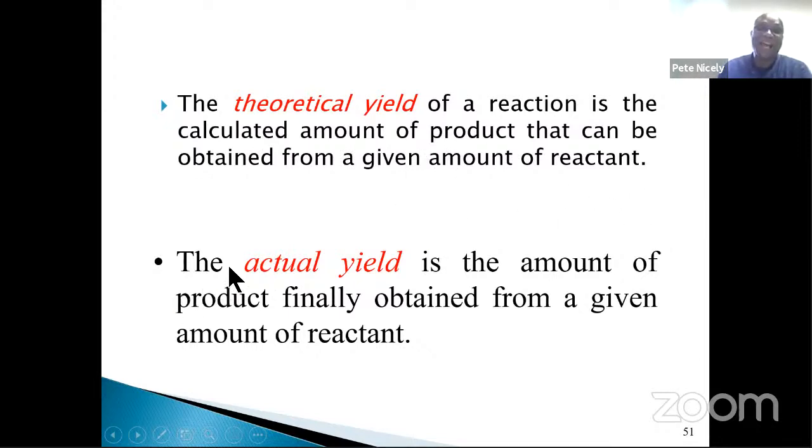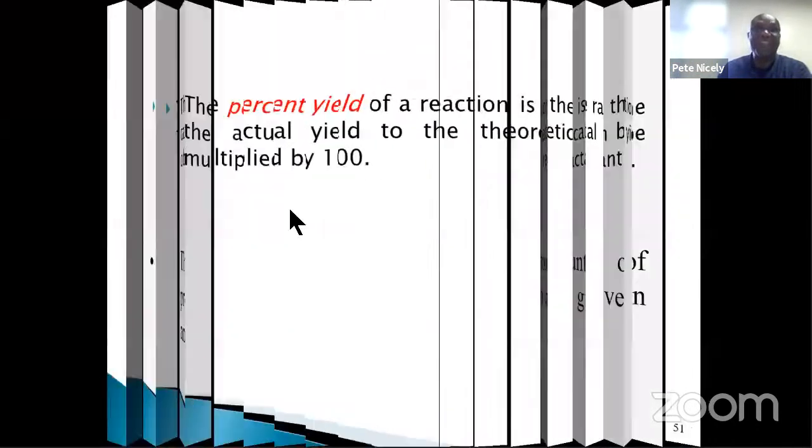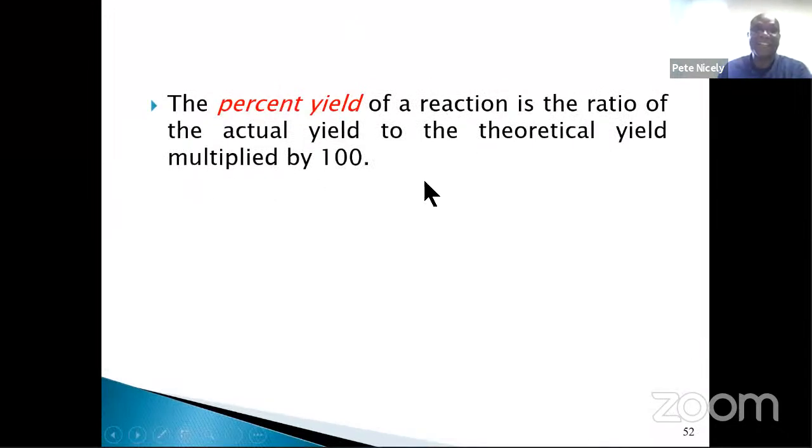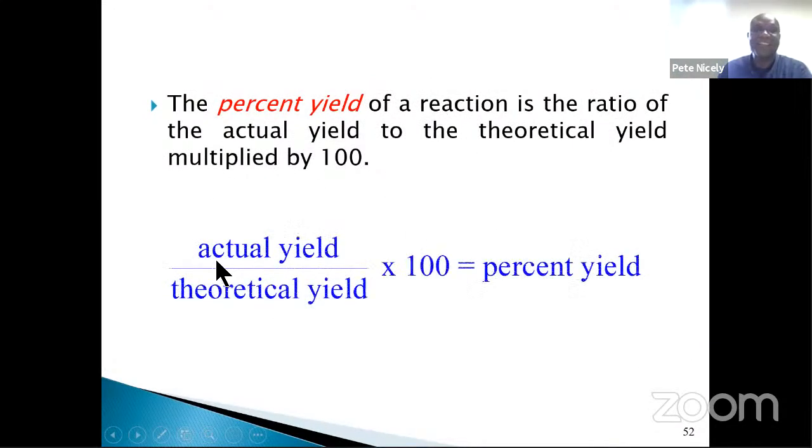And then we have the actual yield, which is the amount of product that you actually obtain if you did the experiment, got your product, and weighed it. Very often the actual yield would be less than the theoretical yield. And therefore the ratio between those two is called the percent yield. So basically the percent yield is the actual yield divided by the theoretical yield, multiplied, of course, by 100%, and that gives you the percent yield.